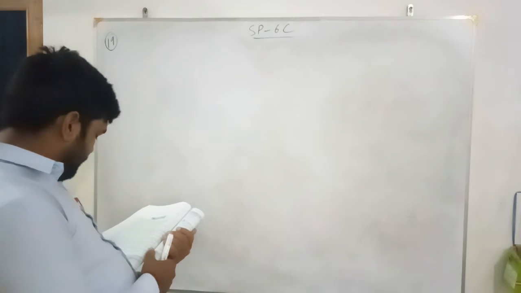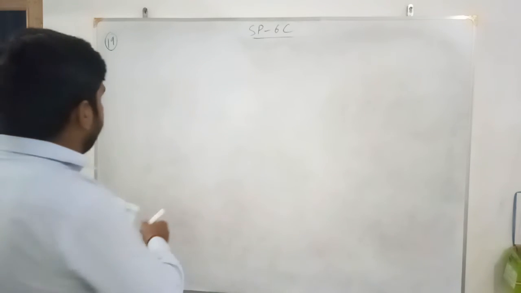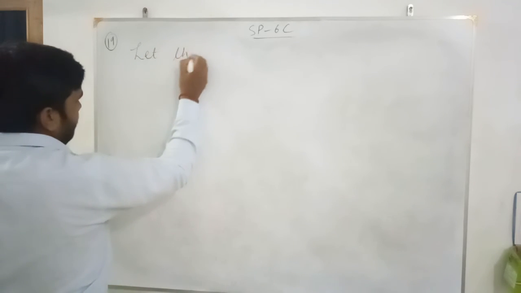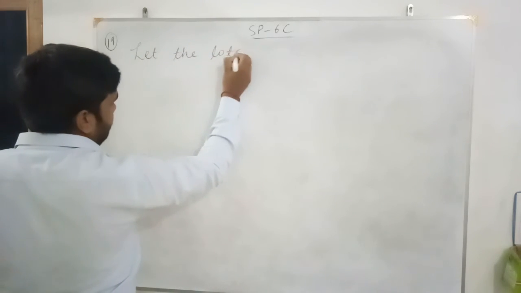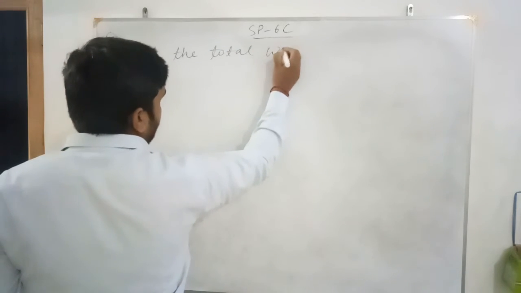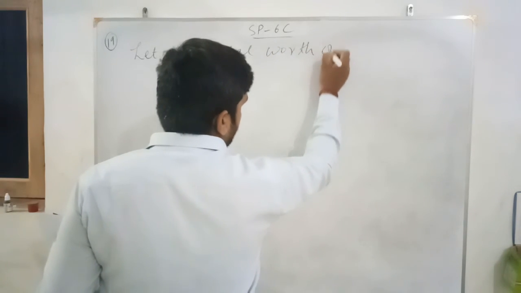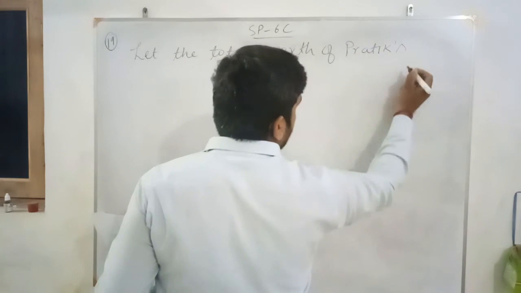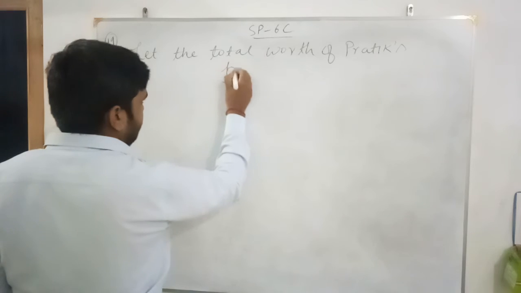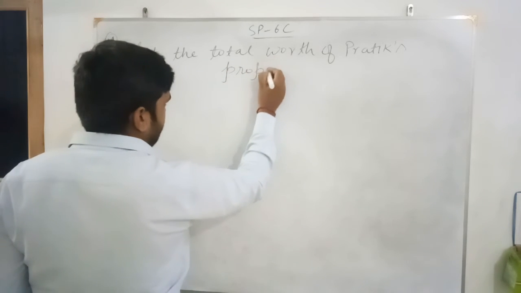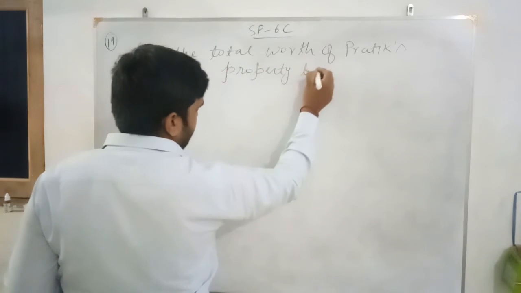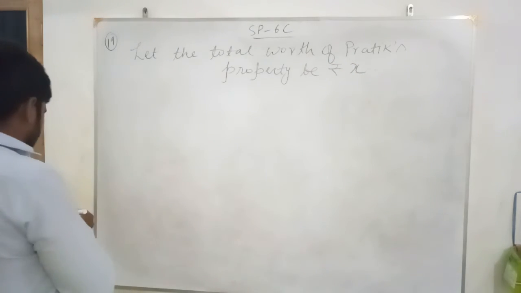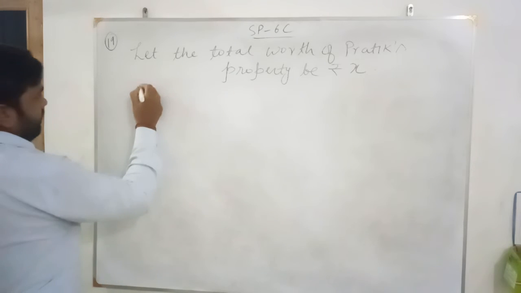So let the total worth of Pratik's property be x. So now according to the question, we get.